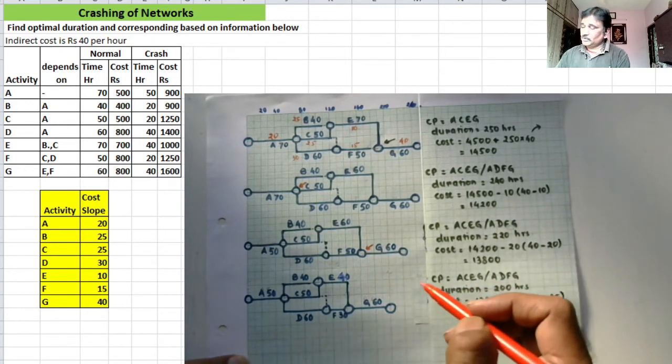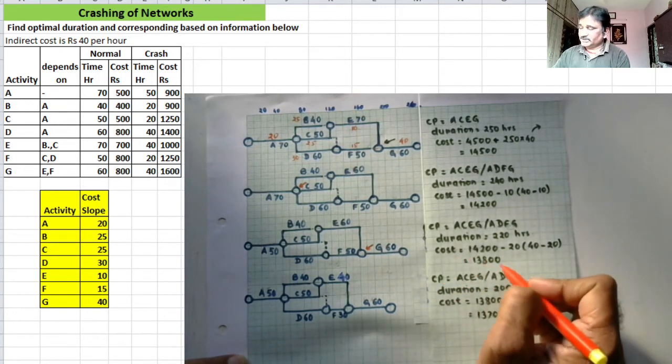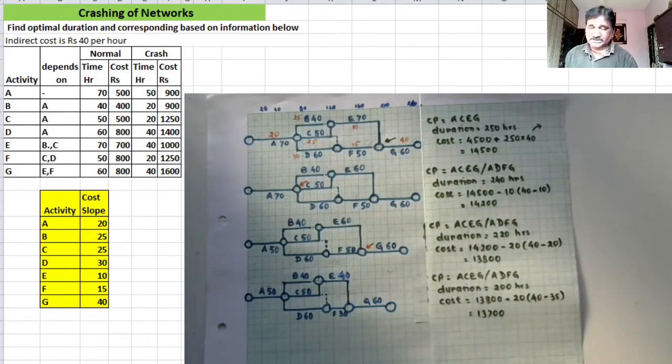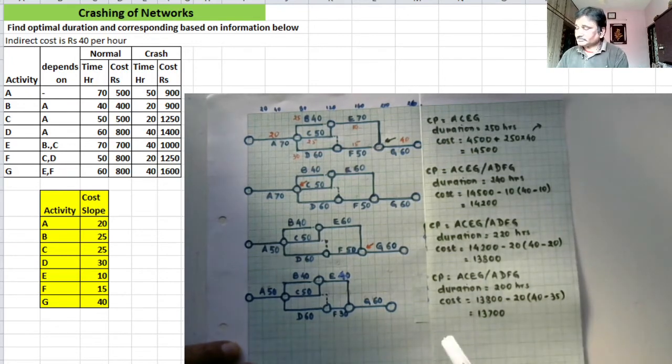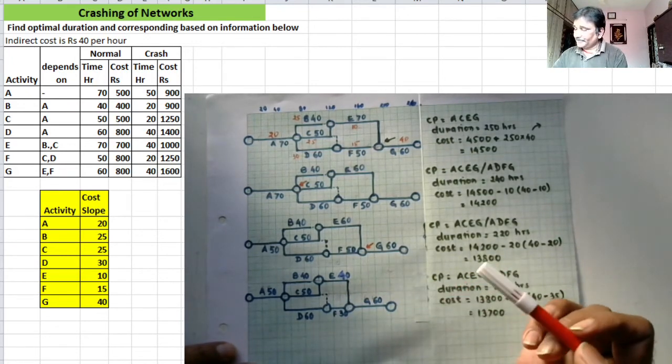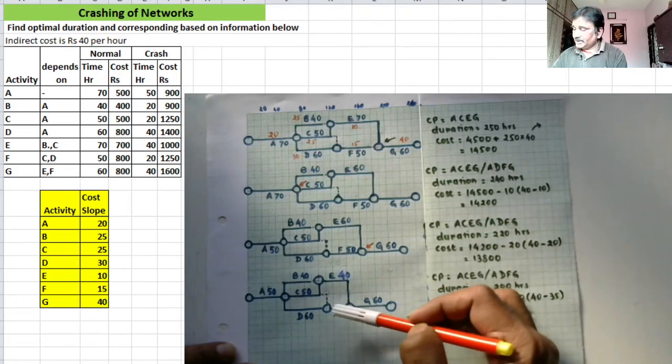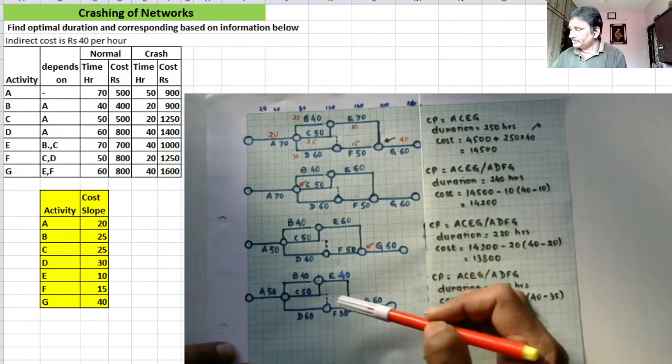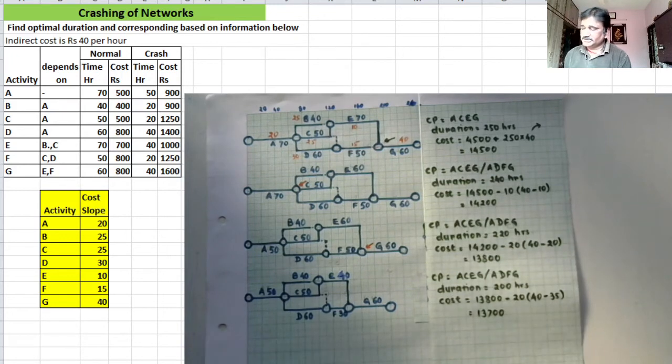Now, what will be the new cost? Earlier cost was 13,800. In that, how much is the saving? Net saving per hour will be 40 minus the cost you are taking. This is 10, and the cost of crashing activity F is 15, not 25.